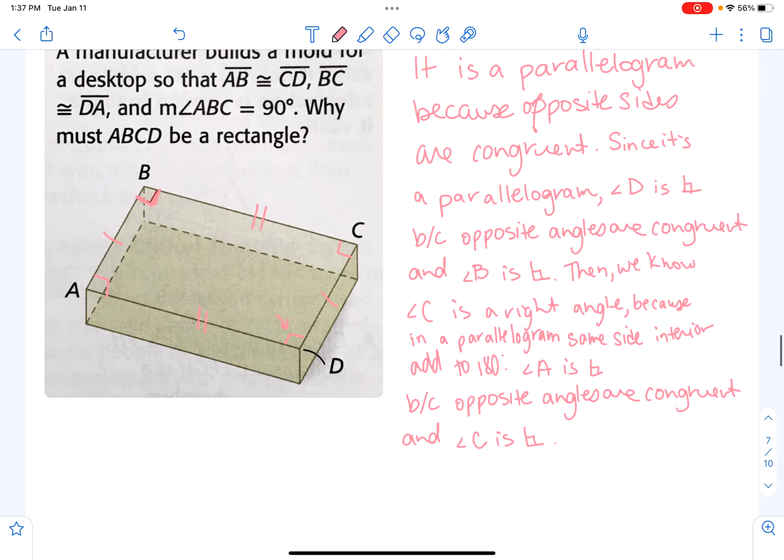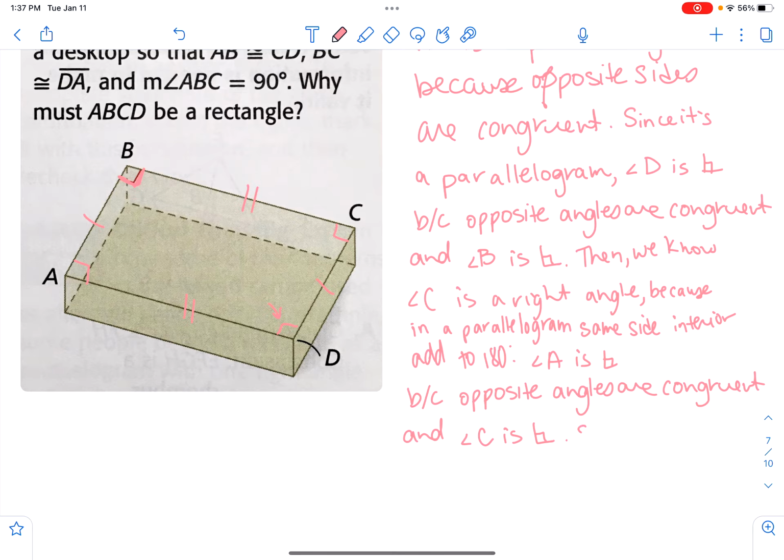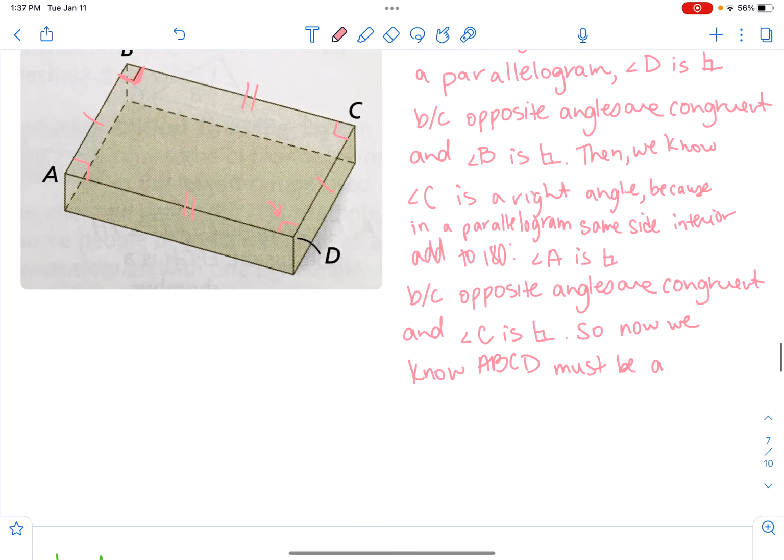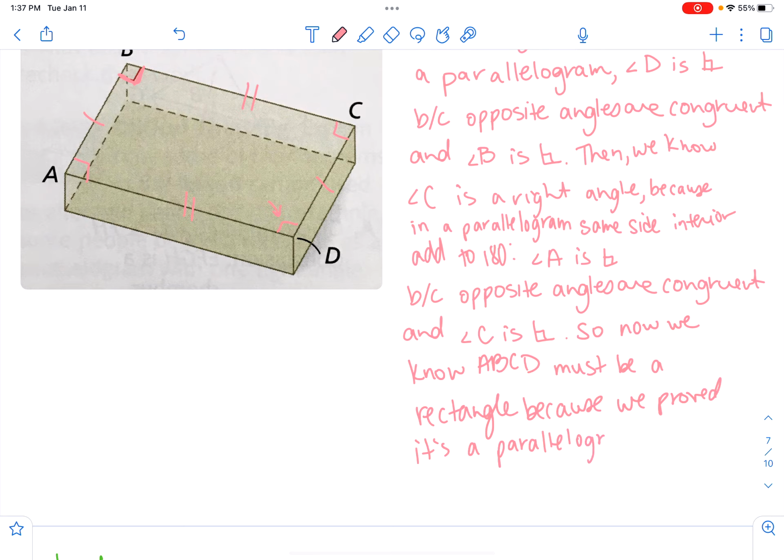So now we know A, B, C, D must be a rectangle because we proved it's a parallelogram with 4 right angles.